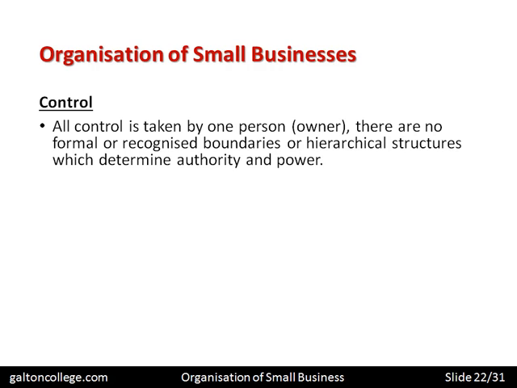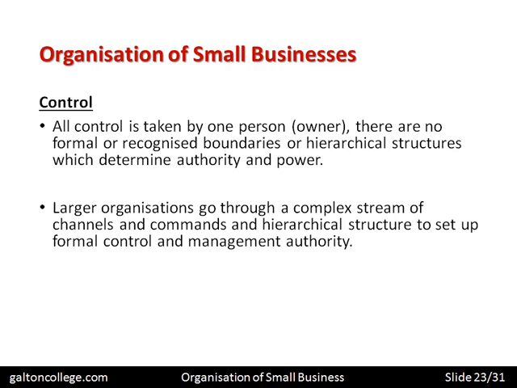And the owner can be viewed as the line manager, as the departmental manager, as the chief executive, but that one person has got all of the power. And as I said, that means it's easy to have contact with that person. So decision making can be fast. However, the quality of the decision making may be suspect.